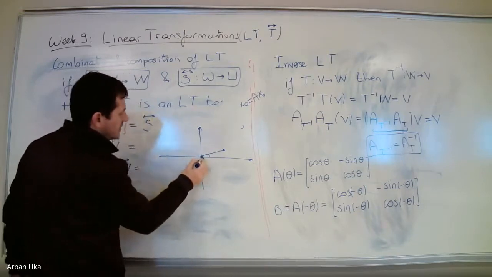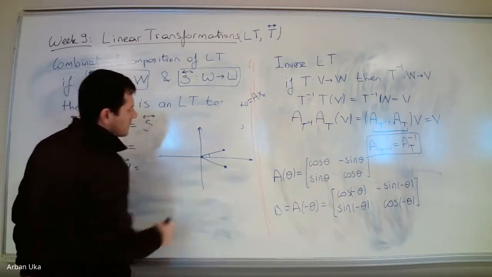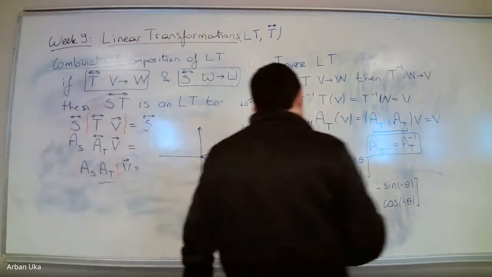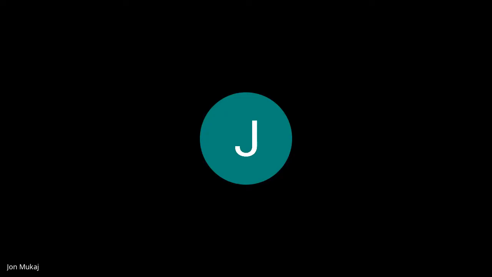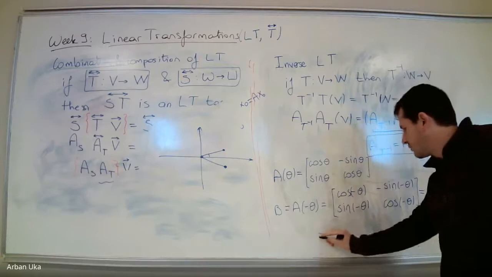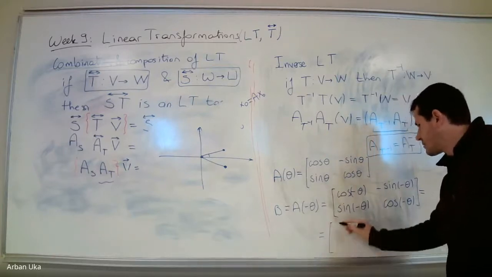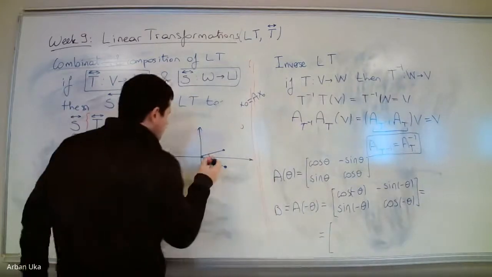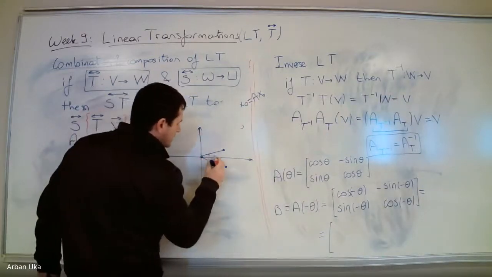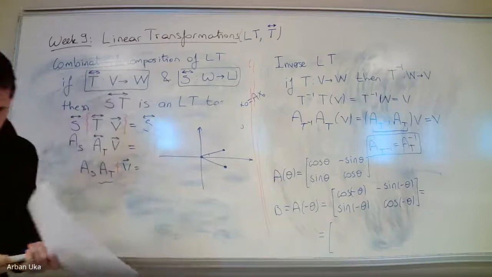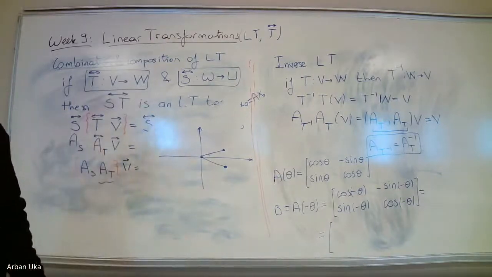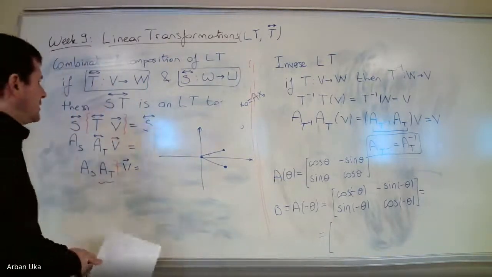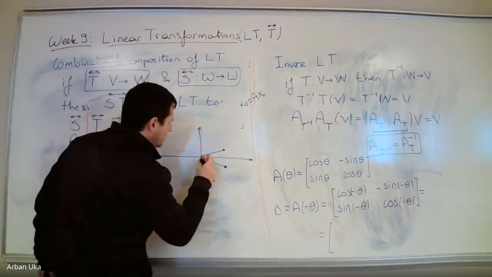So this is theta, this is minus theta. How are the cosines related? Equal. Thank you, they're equal. So it is obvious, right? Because the projections of these two are right here. So we said that these two are equal.